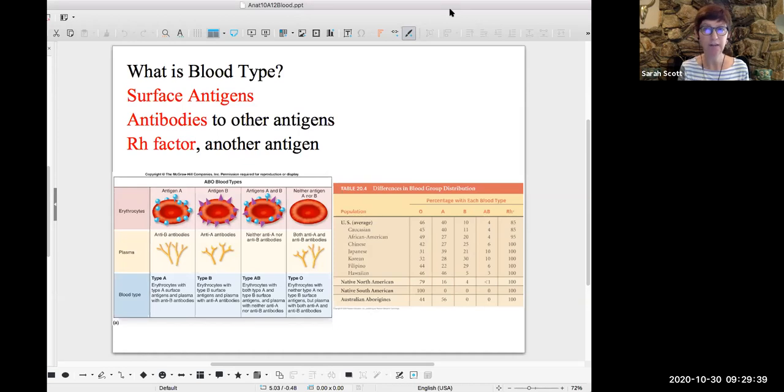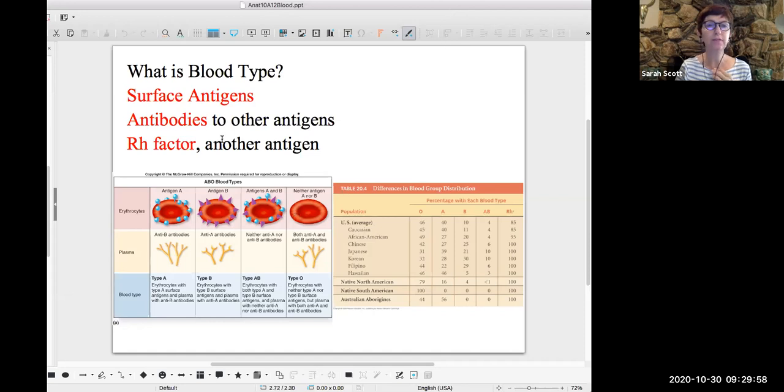And if an antigen is identified, then the immune system makes antibodies. So antigens trigger a response, and antibodies are made in that response. It's important you keep the 2 separate.